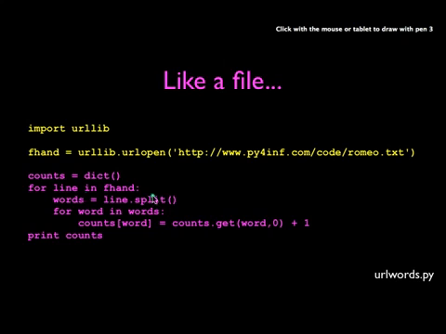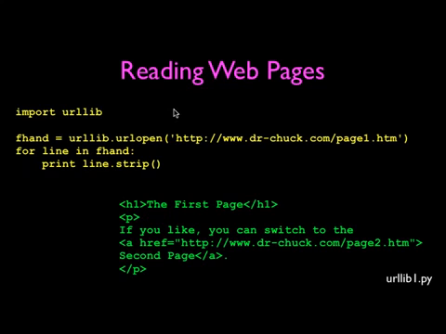We make a dictionary, we loop through for line in fhand, we split the line into pieces. For word in words, we update the counts using the standard dictionary, and we print it out. This code here is the same as if we had done a file open up here, but instead we've done a URL open. So Python has made this extremely easy for us.